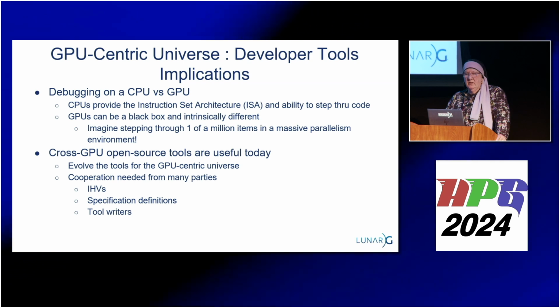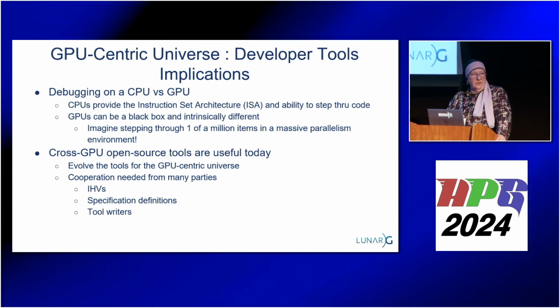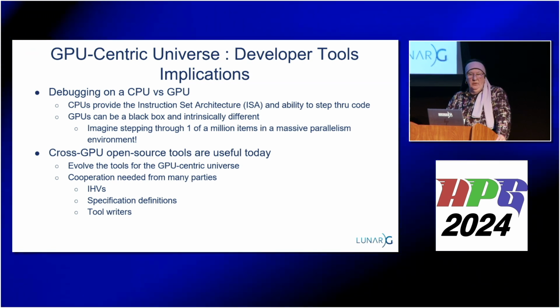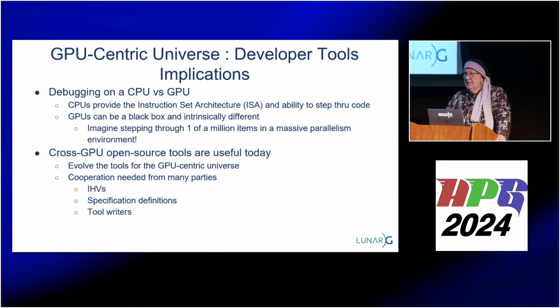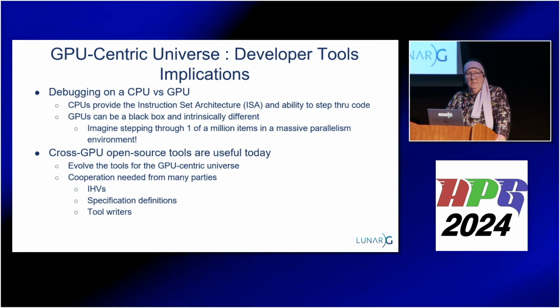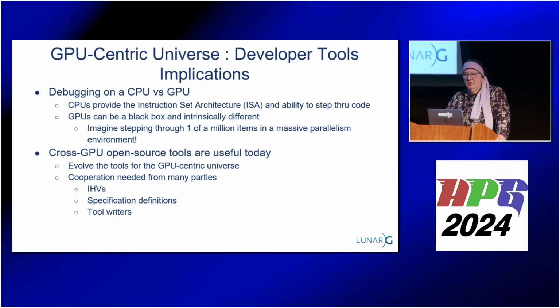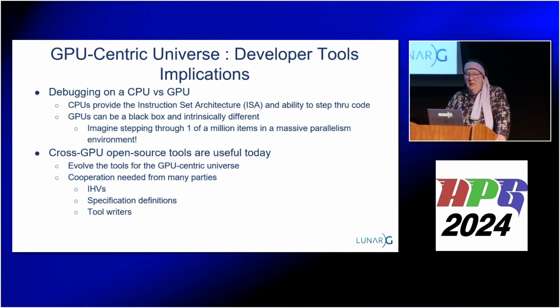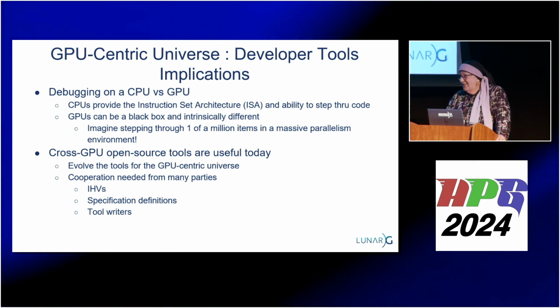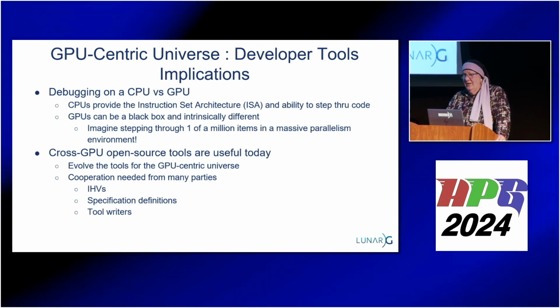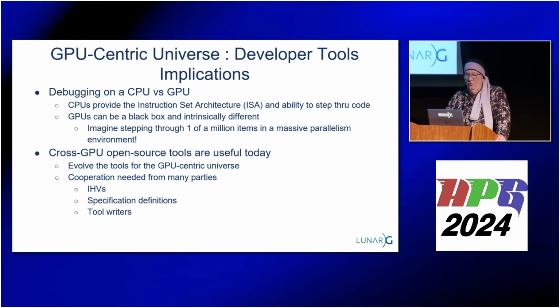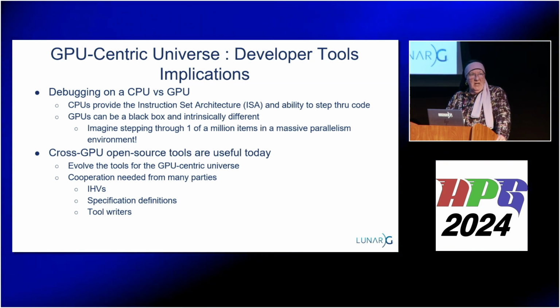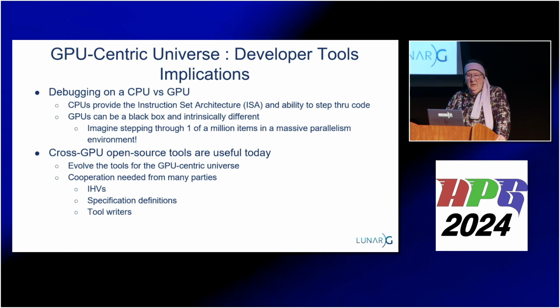So think about the challenges or implications for developer tools in a GPU-centric universe. Debugging on a CPU versus a GPU. On the CPU, you have your instruction set architecture and you can step through the code. GPUs can be a black box, and they're just intrinsically different. Could you imagine stepping through one of a million items in a massive parallelism environment?